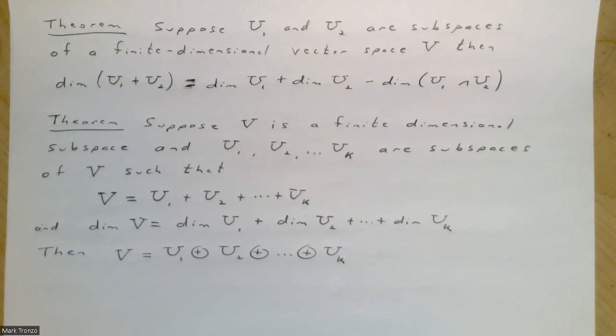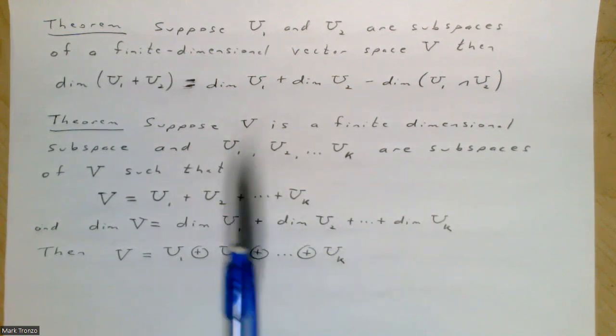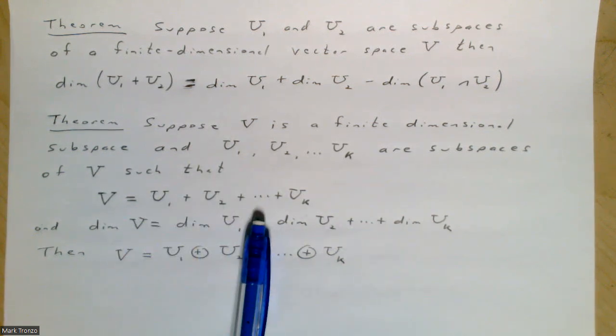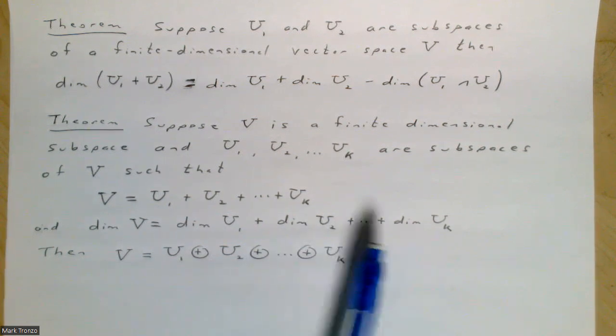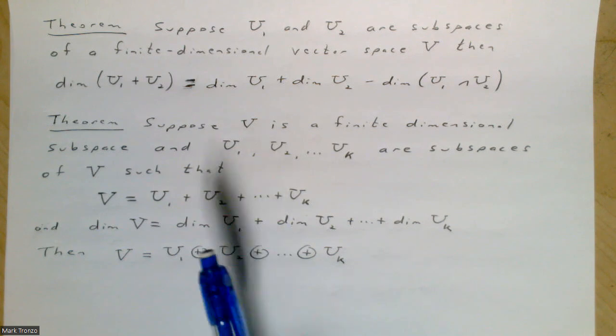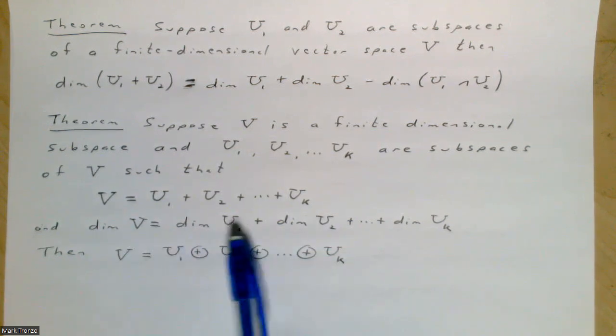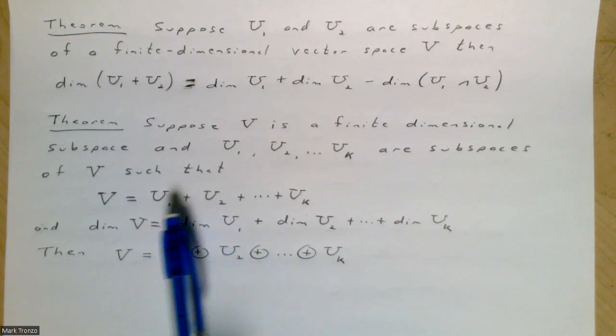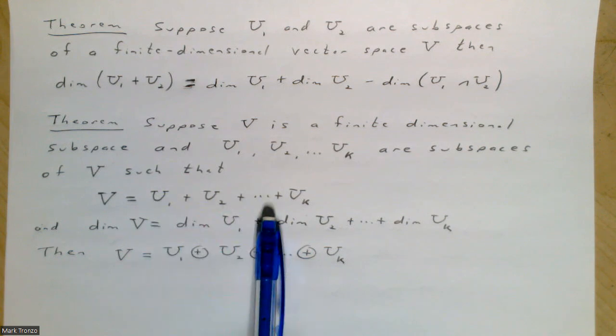But the idea is that V is equal to this sum, and yet the sum of the dimensions is equal to the dimension of V, so this sort of implies that there's no overlap between these.